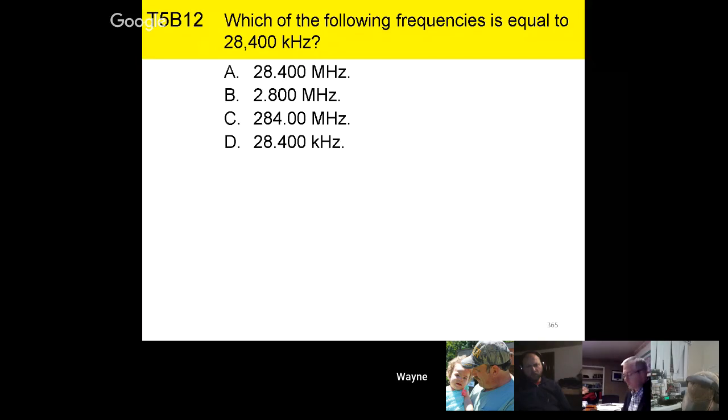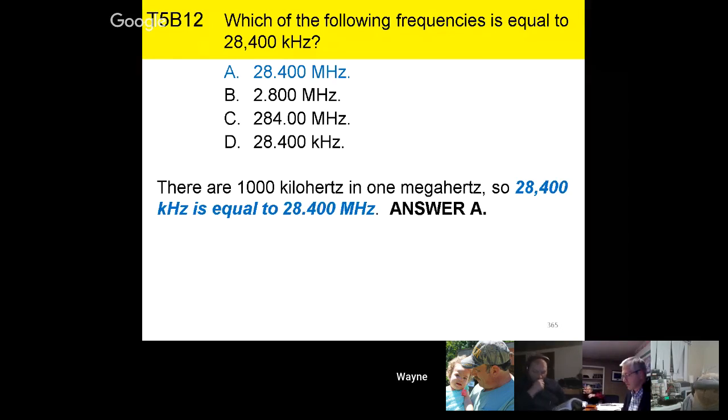And we know that 2.8 megahertz is also incorrect because you're only moving your decimal point 3 spaces to convert to megahertz. So the correct answer is A, 28.4 megahertz.